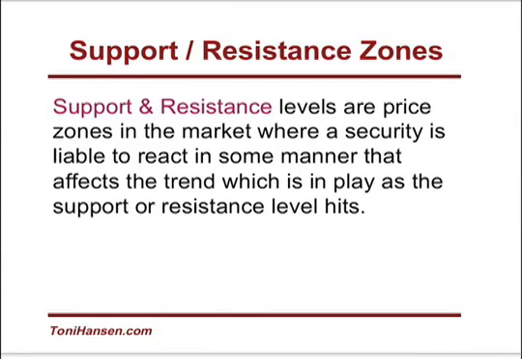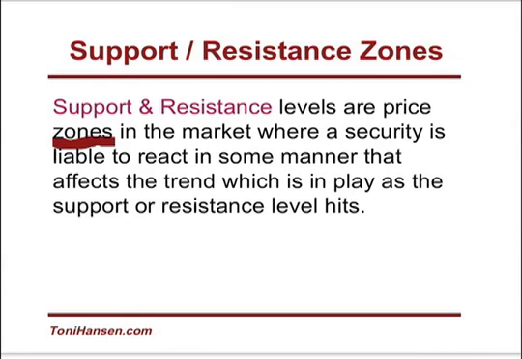Which one we get is going to depend upon our next building block, which I'll get to in a minute, and that will be the pace or the momentum. Now, the key word in this definition is the one right here. Let me highlight it. Zones. When we are looking at support and resistance levels, these are price zones, not exact specific price levels.